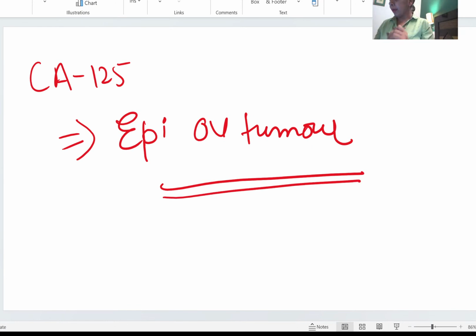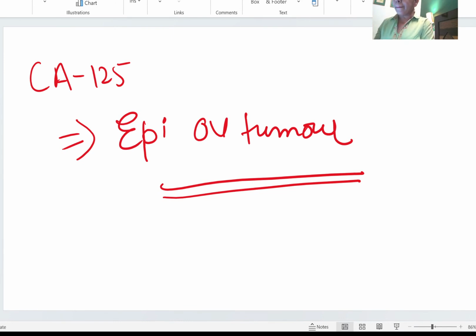CA125 is a tumor marker only for epithelial, not for germ cell, not for granulosa cell. Please make this point very clear. Today in the quiz you are lacking this point. That is why most of you did wrong. CA125 is the tumor marker for ovarian epithelial tumor.